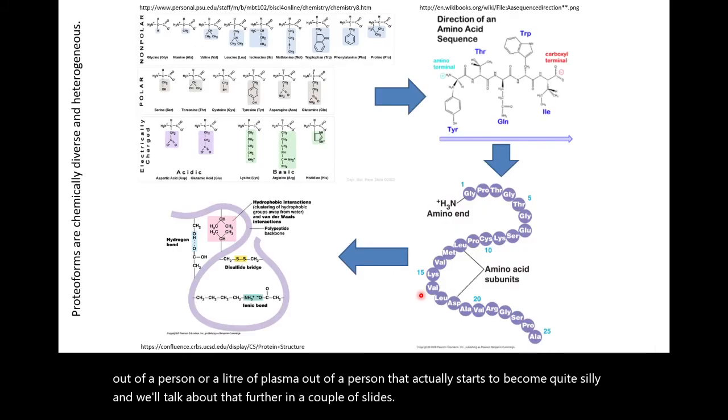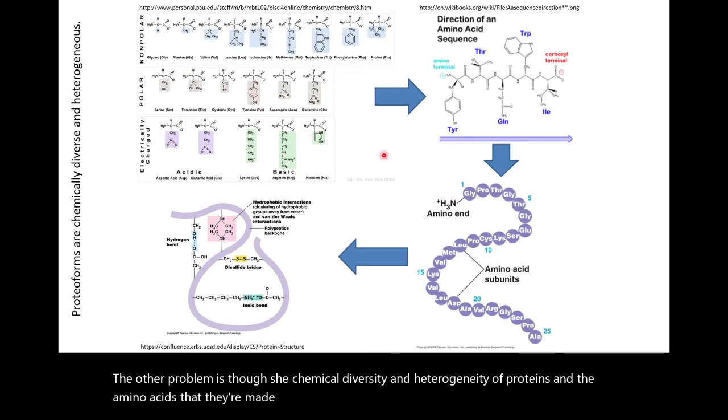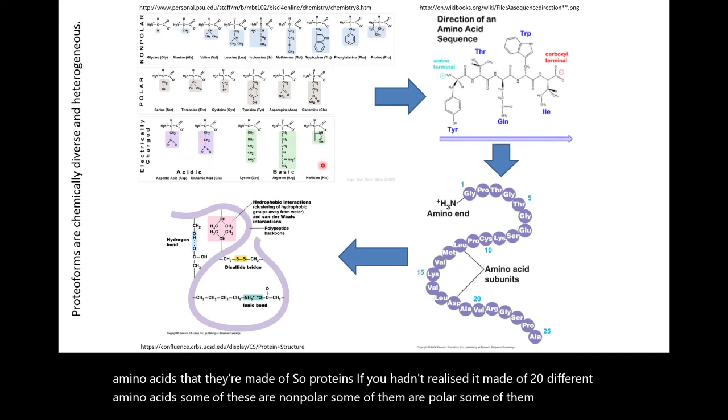The other problem is the sheer chemical diversity and heterogeneity of proteins and the amino acids that they're made of. So proteins, if you hadn't realized, are made of 20 different amino acids. Some of these are non-polar, some of them are polar, some of them are charged, they're acidic or they're basic.